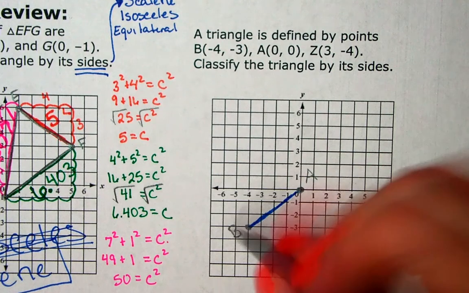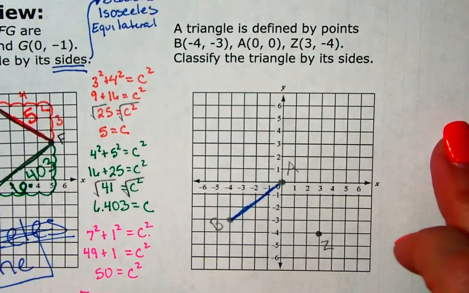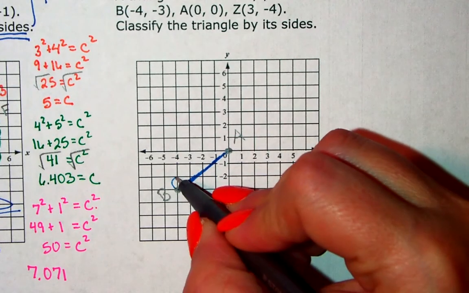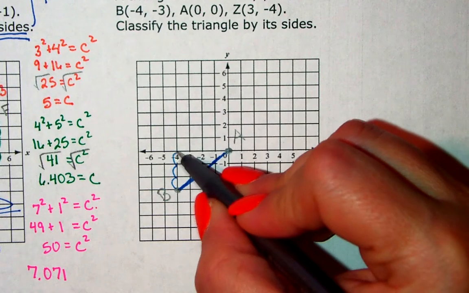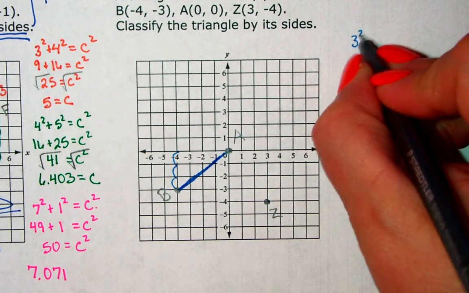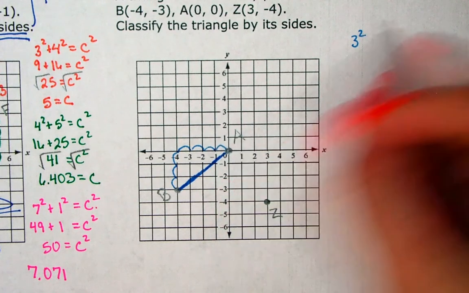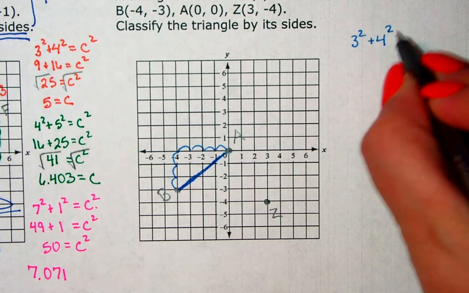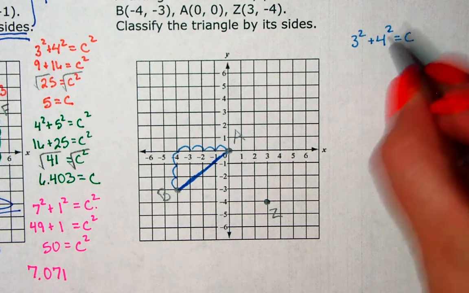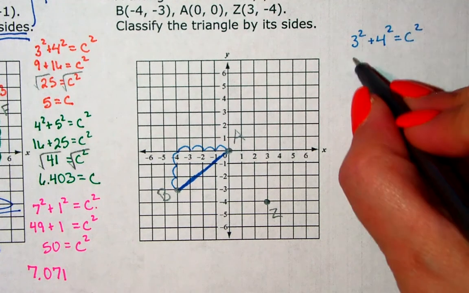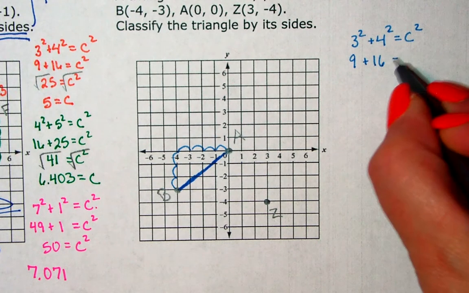Okay, for BA, I'm going to have to go up 1, 2, 3. I'm going to go to the right 1, 2, 3, 4. That's going to give me a squared plus b squared equals c squared. 3 squared is 9. 4 squared is 16.